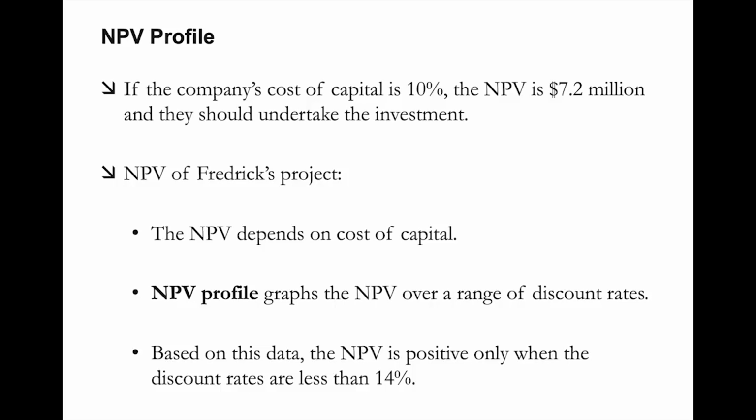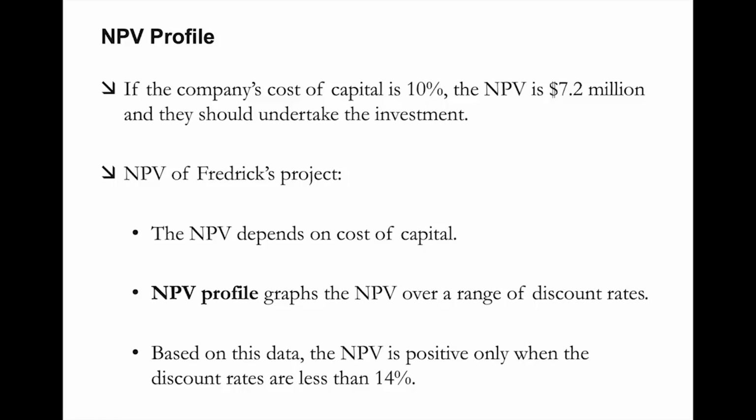Obviously, if we decided to use a different discount rate, our NPV answer would also be different. So what happens when you increase the discount rate? If you discount future cash flows by a higher rate, that is going to give us a lower net present value.